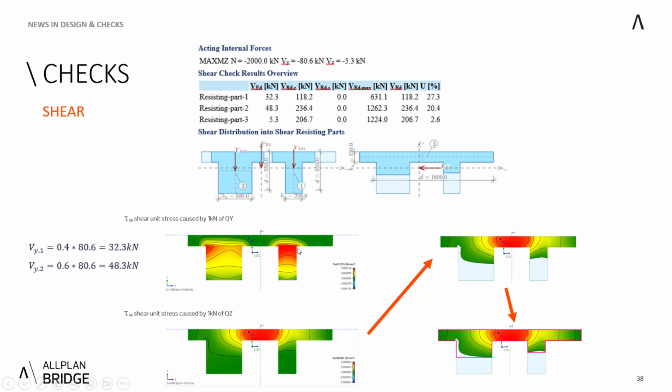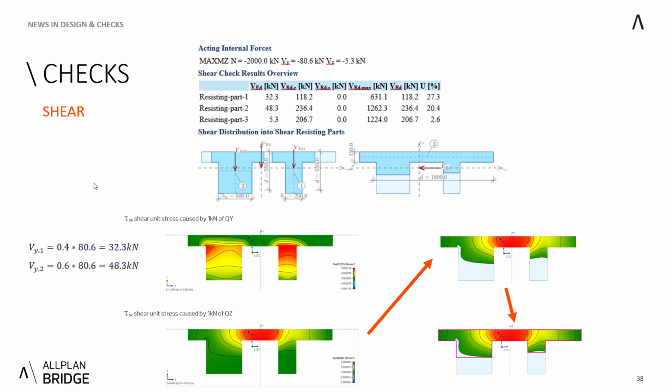The same would go for a vertical one, which will result in two separate shear resisting parts, and by their areas, we can do the weighted average, resulting in 40 and 60% of the distribution. Therefore, shear part number 2 takes 48.3 kilonewtons, and the first one takes 32.3 kilonewtons from this original 80.6 kilonewtons.